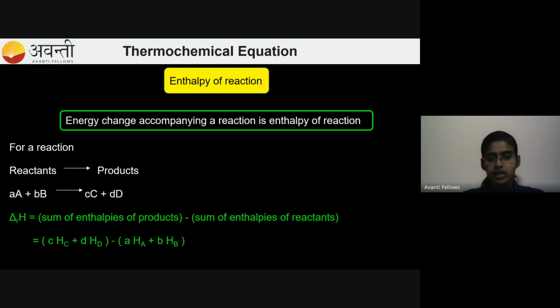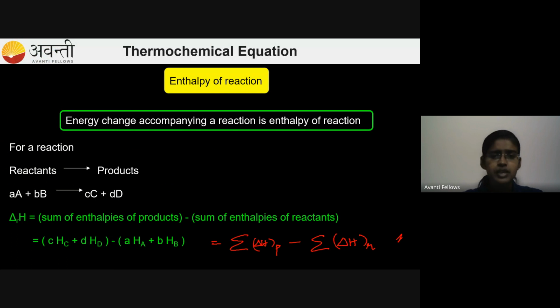So this is the formula, a very important formula you have to keep in mind.